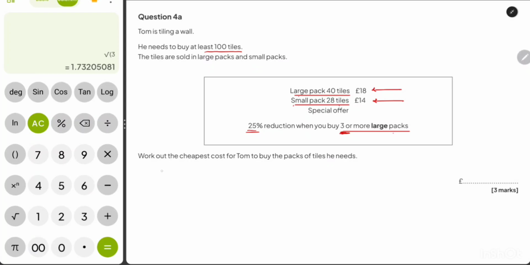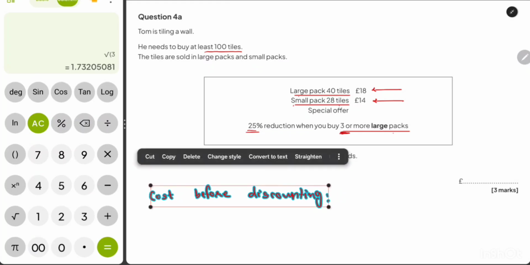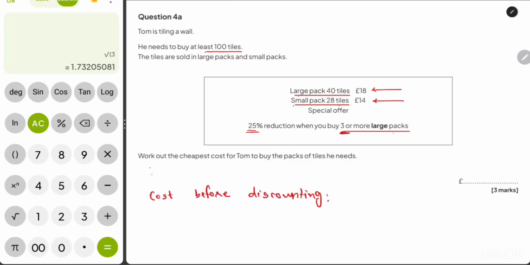So what I'm doing, I'm first finding the cost before the discounting, the total cost. By the way, I'm first finding the scenario where he's buying 3 large packs. So let me write it here only.